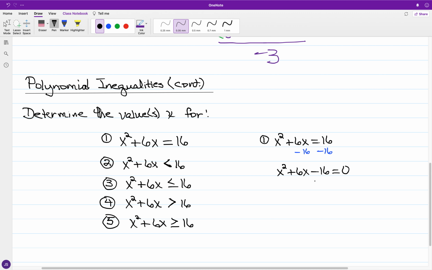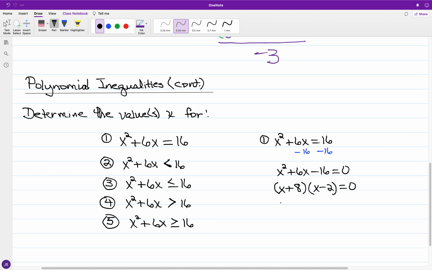And here with the quadratic equation in standard form, I can factor the trinomial, whereupon I'm going to have the quantity of x plus 8 times that of x minus 2 is equal to 0.